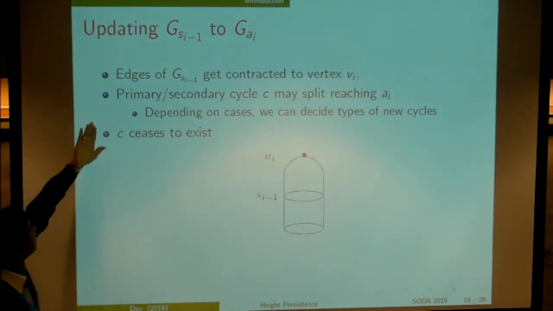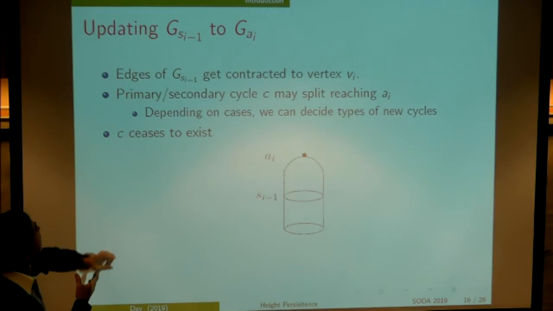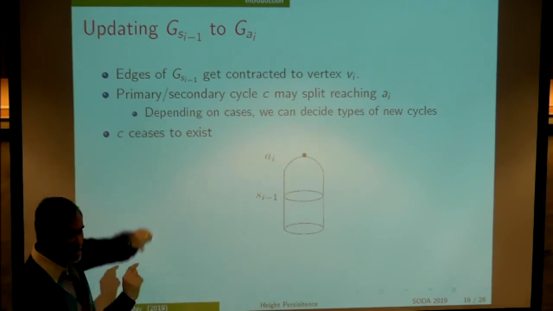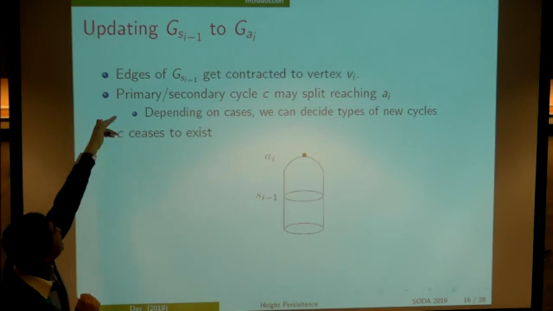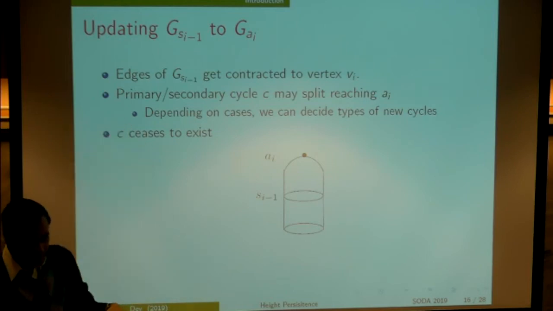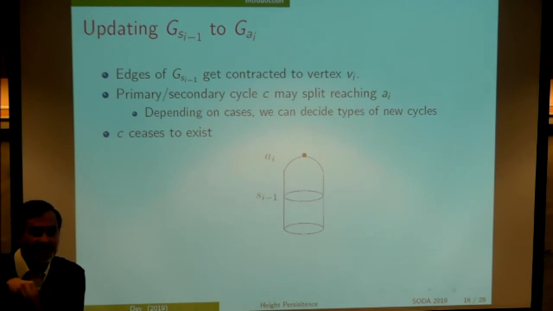Okay, it turns out that whenever you are going from S_{i-1}, from an intermediate to a vertex, these things can happen. If you think about it, the things will come and glue together at the vertex. That's what happens whenever you go to a vertex. The level set, basically several vertices on the level set will come together at this vertex.